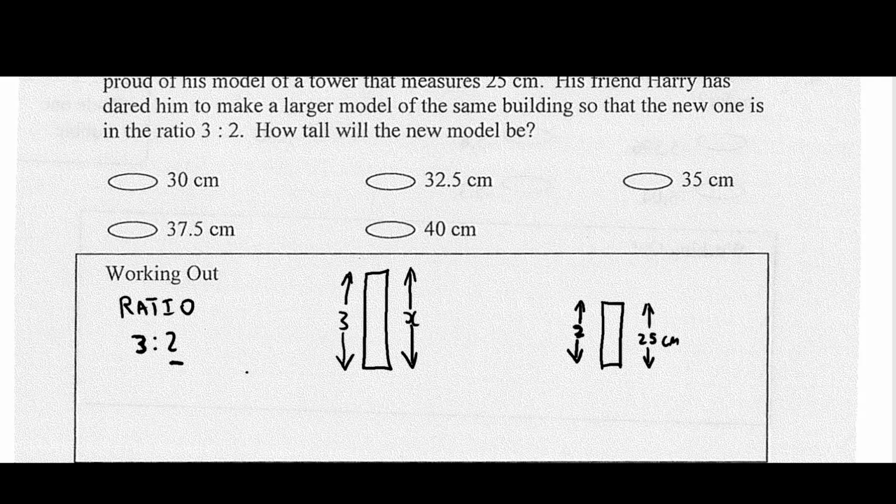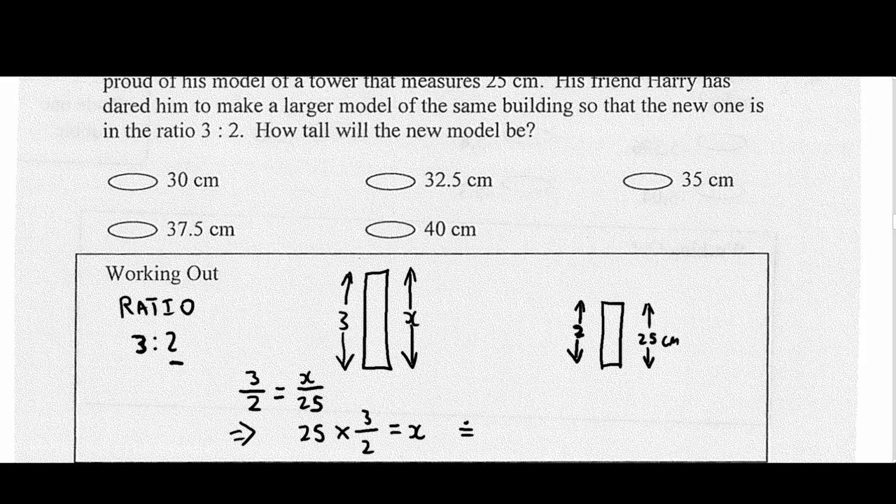What a ratio is, it's really a fraction. 3/2, or 3 divided by 2, is equal to x, our unknown height, over 25. Okay, and we can then simplify this a bit further by saying 25 times 3/2 is going to equal our unknown x.